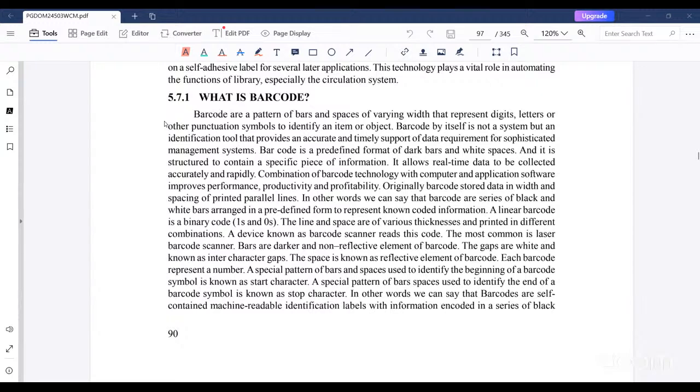Whenever you scan a barcode at any store, as soon as they scan it, they get all the details about that particular product: its color, its rate, when it was manufactured, where it was manufactured, the date of manufacturing, what the validity is, who the manufacturer is, all those details.